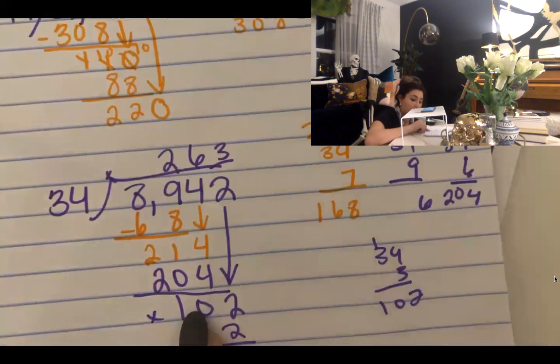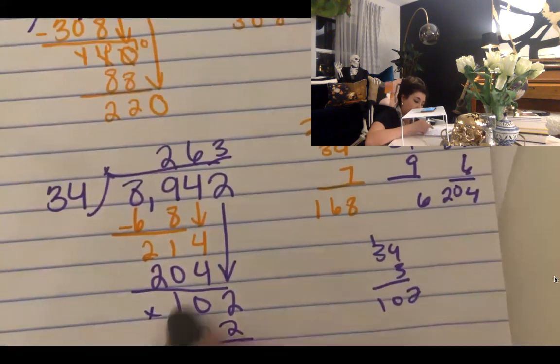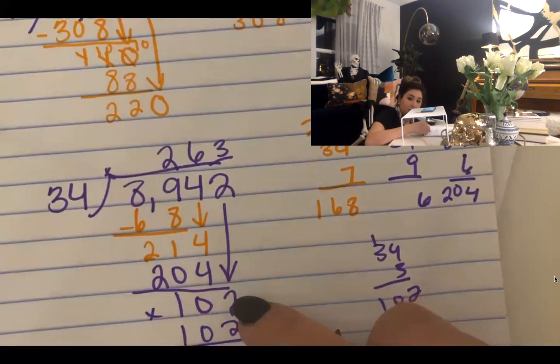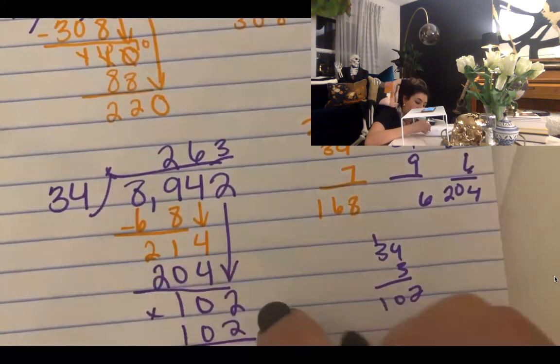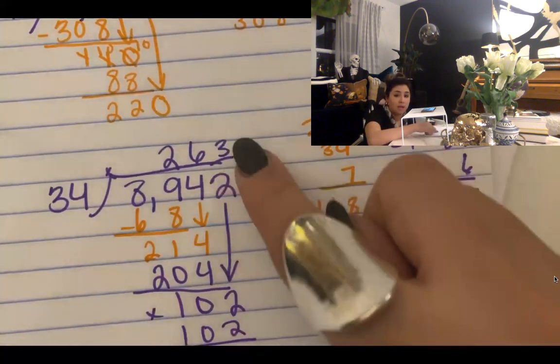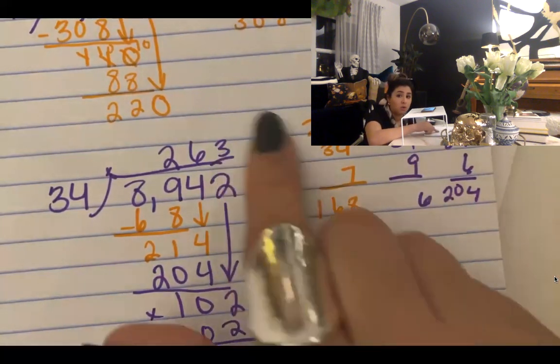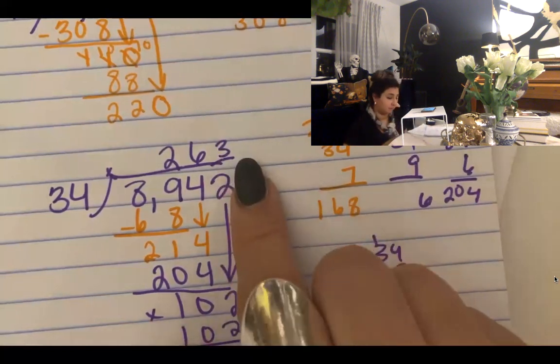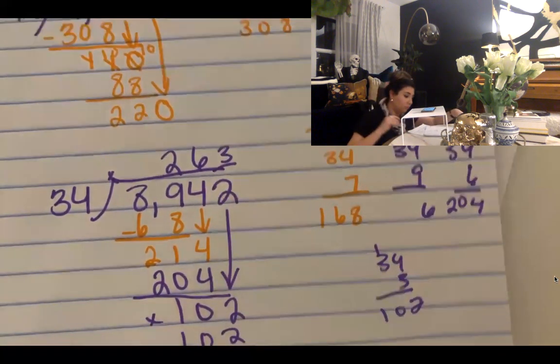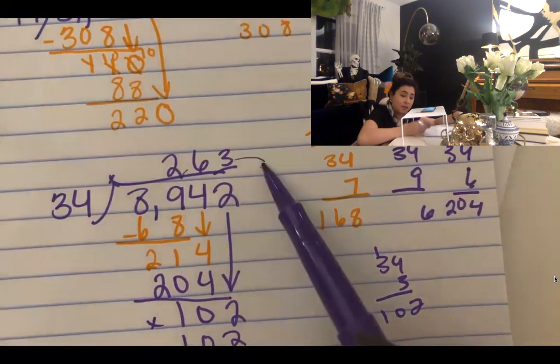My difference is 10. And then I drop down my final number, which was 2. 34 goes into 102 3 times, equally, no remainders. So there's no remainders and no decimals on this one. Your answer should read 263.